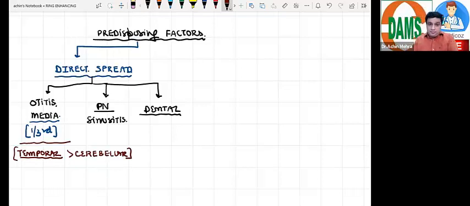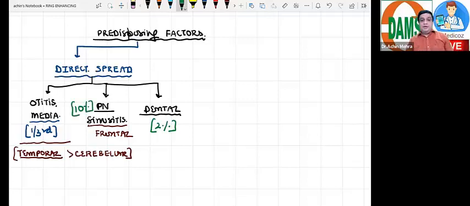When I talk about the paranasal sinus, the likely location will be frontal. So the ear comes near the temporal lobe and the paranasal sinus comes near the frontal lobe. Dental infection causing it is rare, 2%. Paranasal sinusitis causing this is still 10%. Okay. So that's the direct spread from a neighboring site.